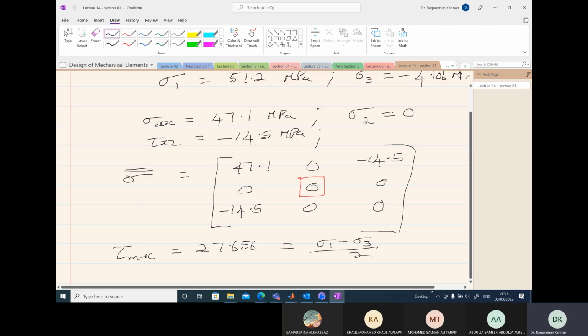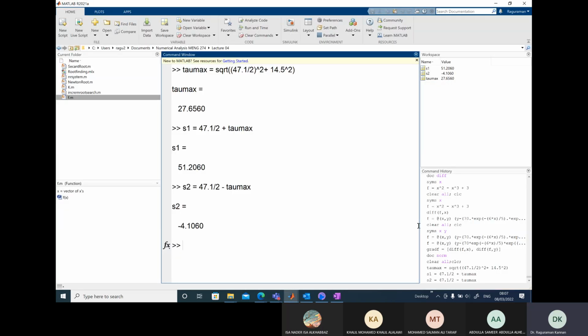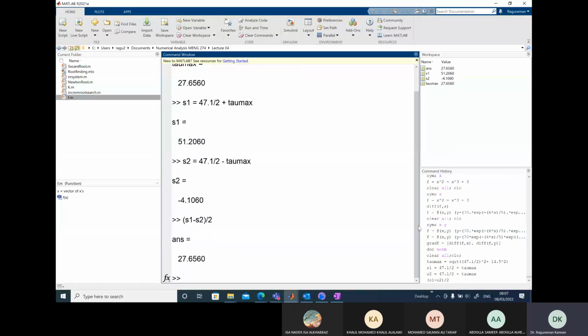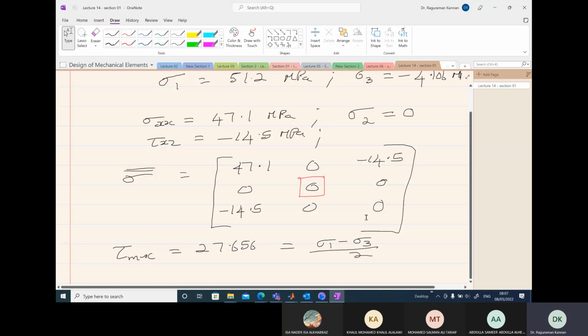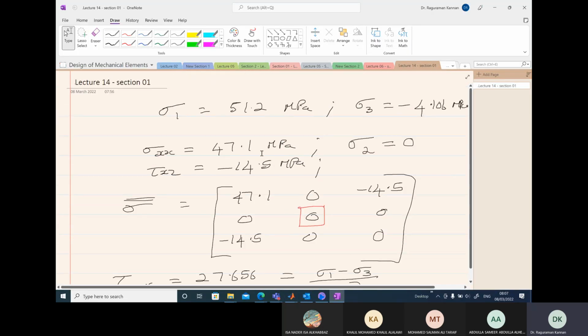We can in fact check. If I calculate S1 minus S3 divided by 2, I'm going to get 27.656. Okay, so this is the absolute maximum shear stress.